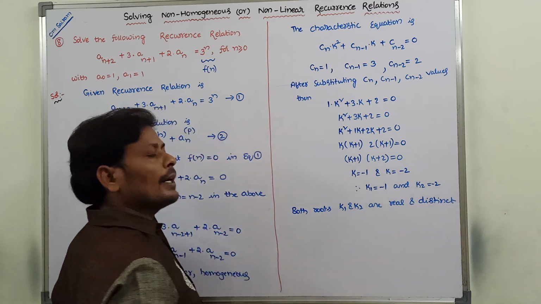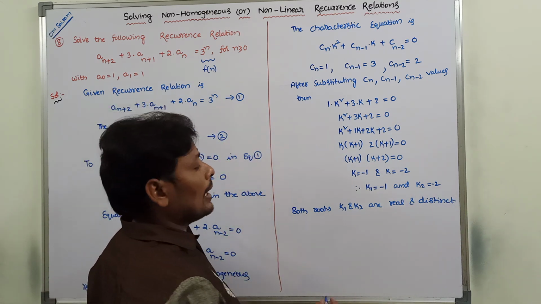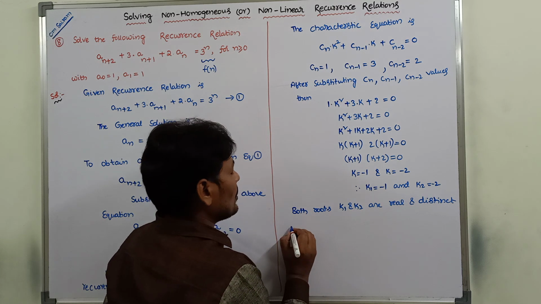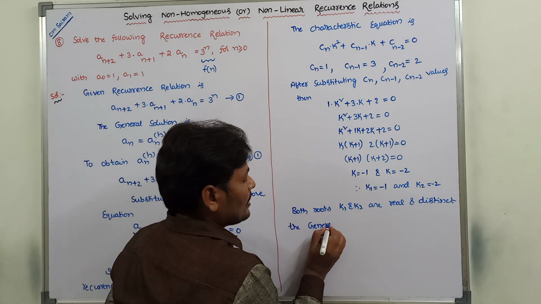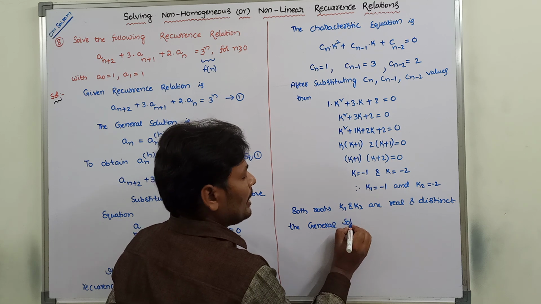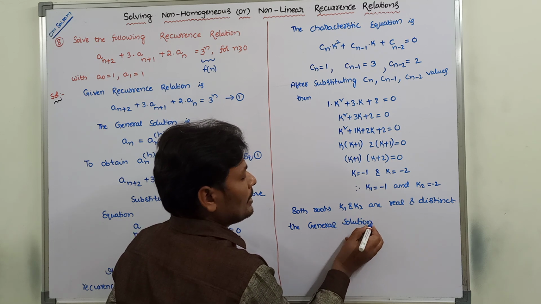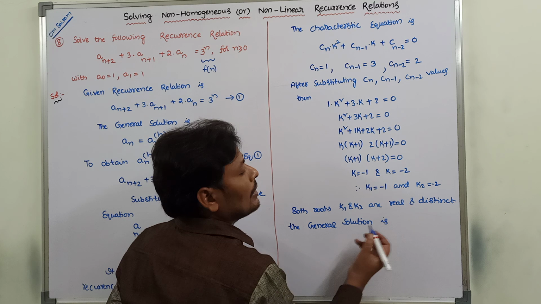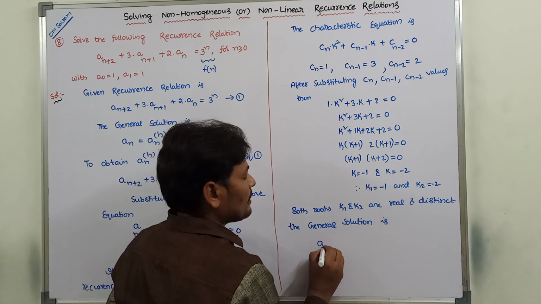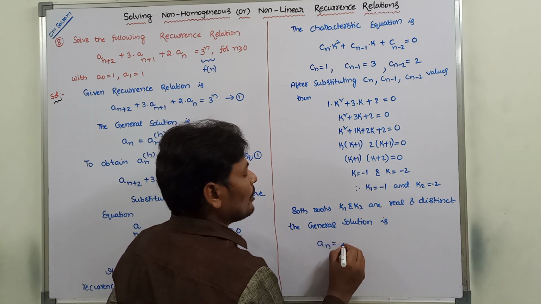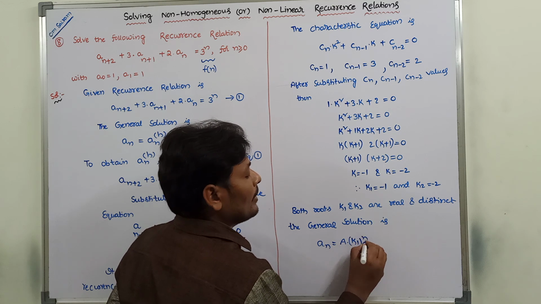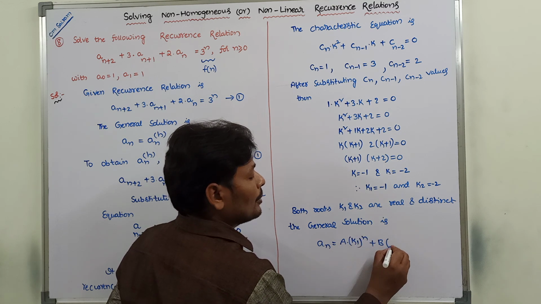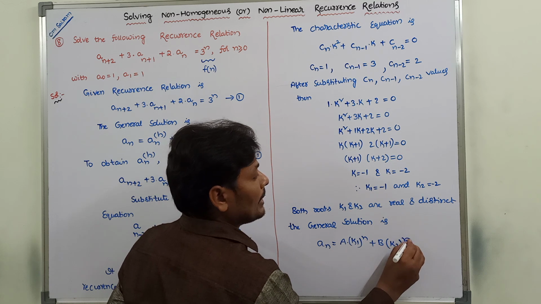Okay, so whenever both the roots are real and distinct, the general solution is, okay, case 1, case 1 is a suffix n is equal to a into k1 power n plus b into k2 power n.